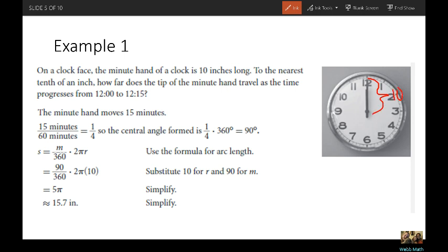Well, that's your radius. They just gave you your radius. That's R, one of the components that we need to know. To the nearest tenth of an inch, how far does the tip of the minute hand travel as the time progresses from 12 to 12:15? So minute hands go all the way around for 60 minutes.